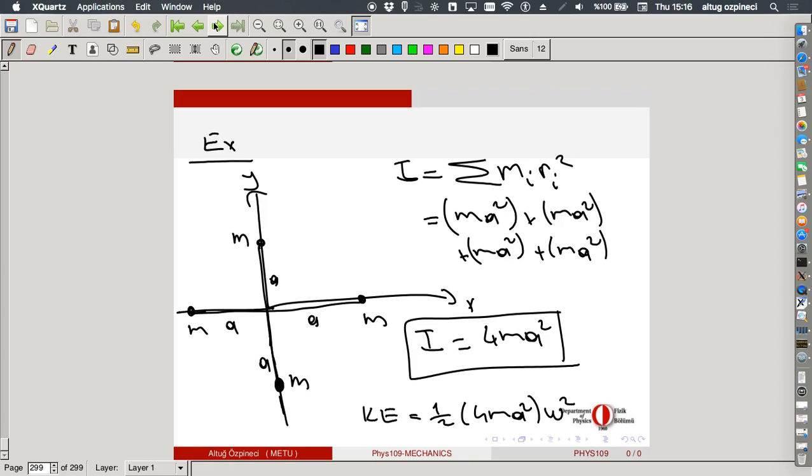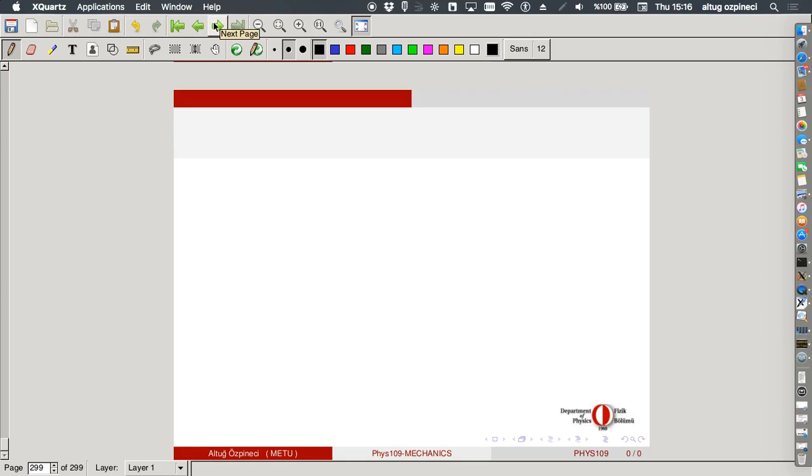Let's do a few more examples. For example, this one. Most of the mass of this object is either on the rim here, or very close to the rotation axis.